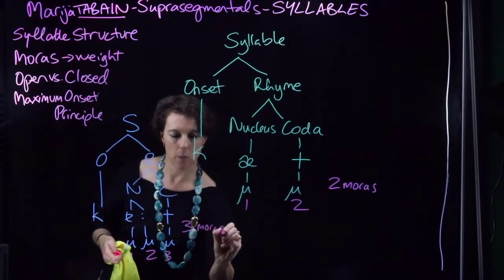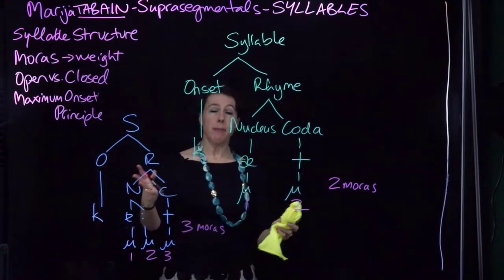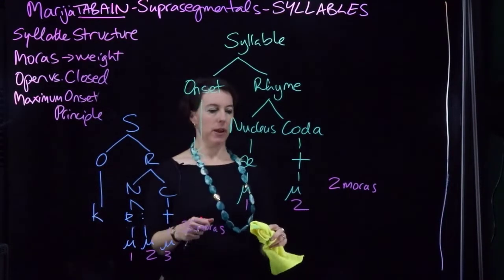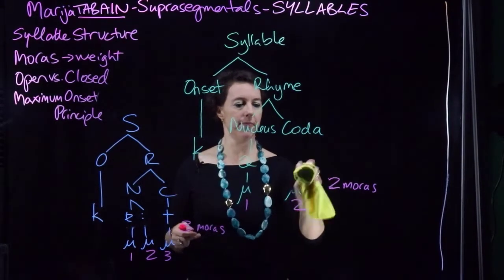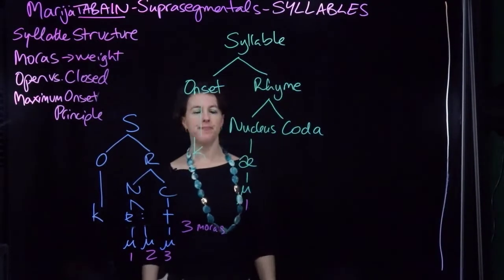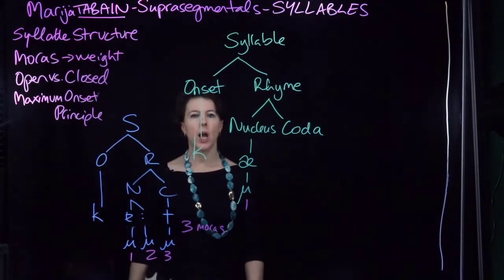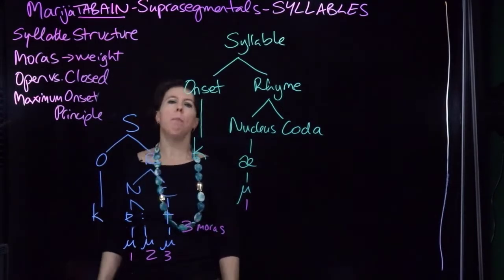Now let me make a little point here that's very relevant for English. If I got rid of the coda in cat and we were left with only 1 mora, you know that isn't a legitimate word in English. There is no possible word in English.